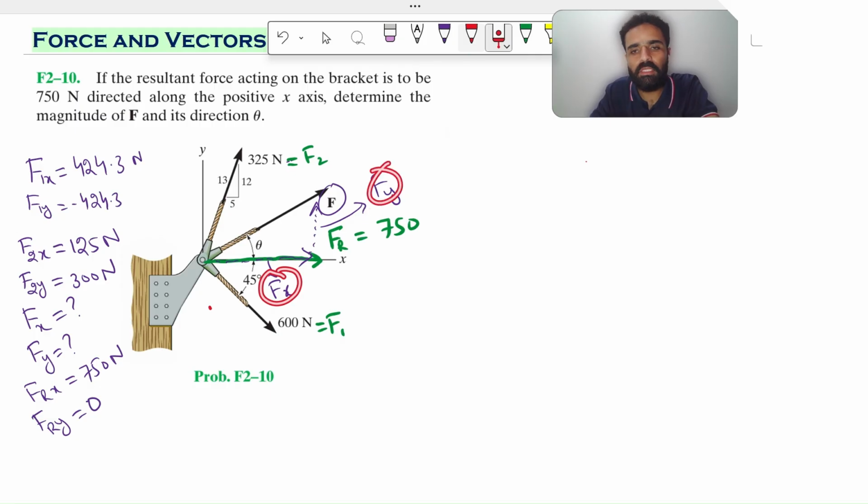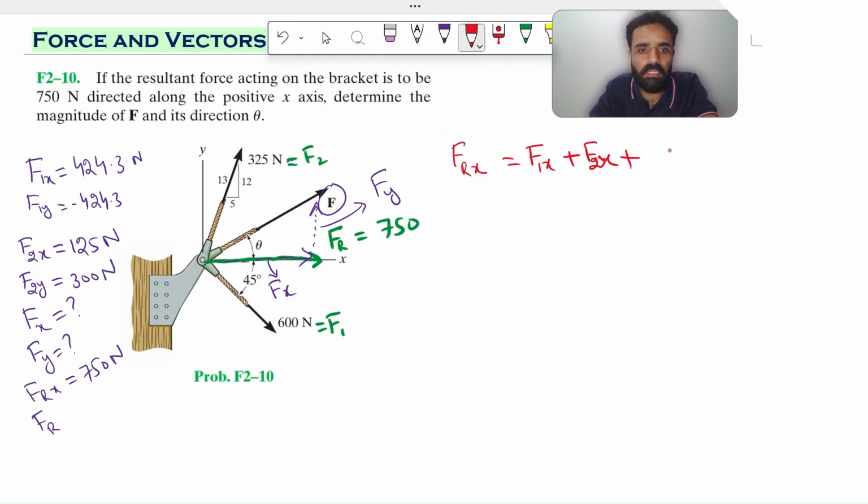So for this, I will be applying the summation of the horizontal forces and the summation of the vertical forces. FRx, the resultant of the horizontal forces, will be equal to F1x plus F2x, plus this third force's horizontal component Fx. I will be putting in the values of FRx, F1x, and F2x to get the value of Fx. The FRx value, the resultant horizontal force, is 750.